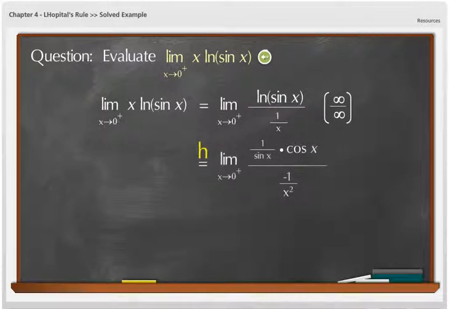Now, before you go ahead and think of applying L'Hopital rule for the second time, you need to simplify your expression a little bit, because sometimes you might end up evaluating your limit without the need to use L'Hopital rule a second time.